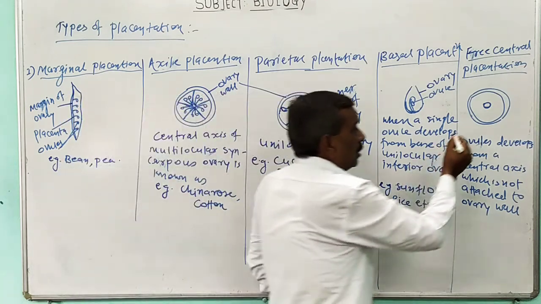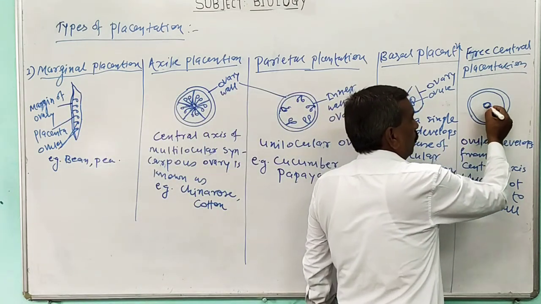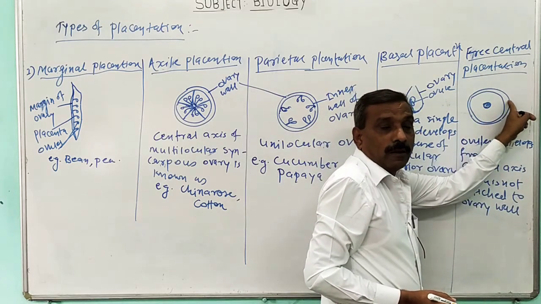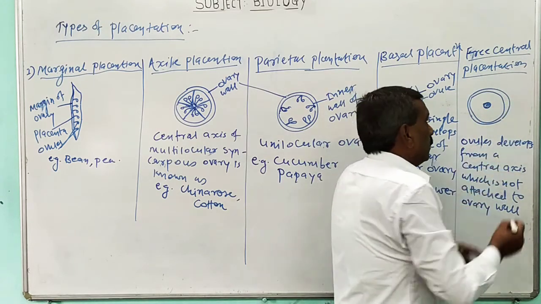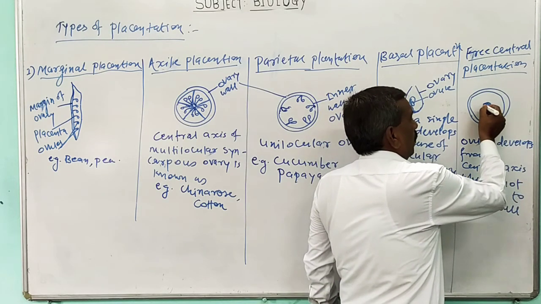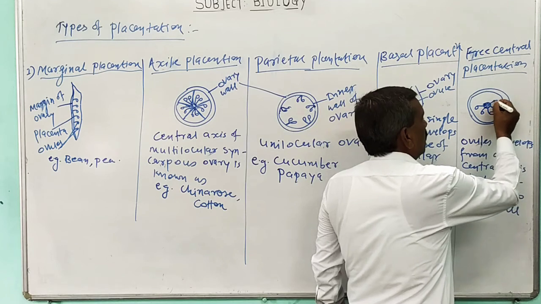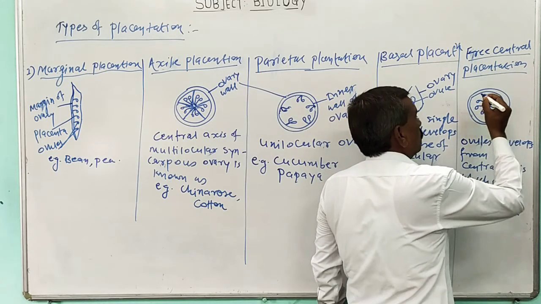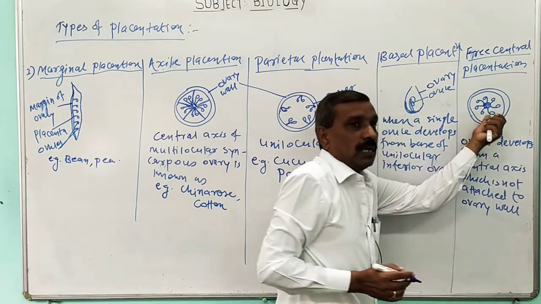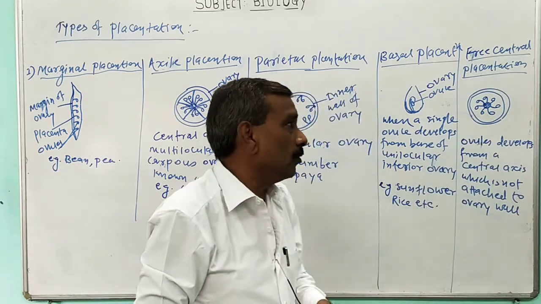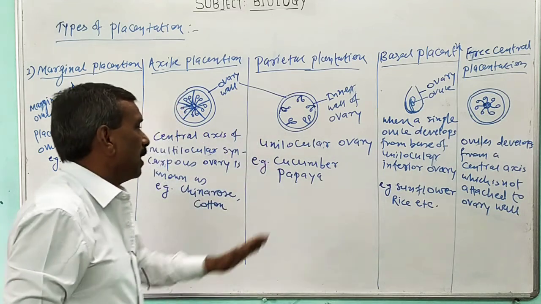But here this one is the placenta, this one is the ovary wall, and this placenta does not attach to the ovary wall. That is, it is free central. Now from this placenta ovules are developed in this way. Such a placentation is known as a free central placentation.